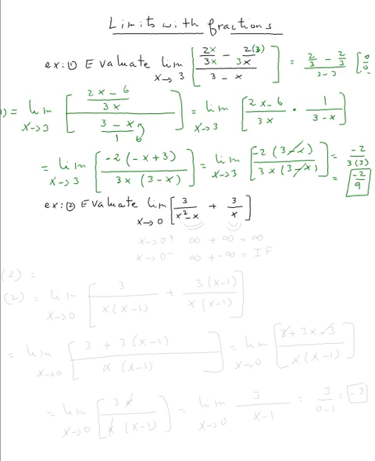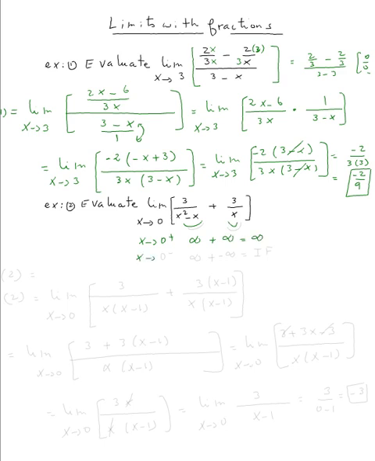Now for example 2. Example 2 is a little bit tricky because if you plug in 0, the denominator depends. As x approaches 0 from the right side, this will go to positive infinity, and this will go to positive infinity, which is positive infinity, not a problem.